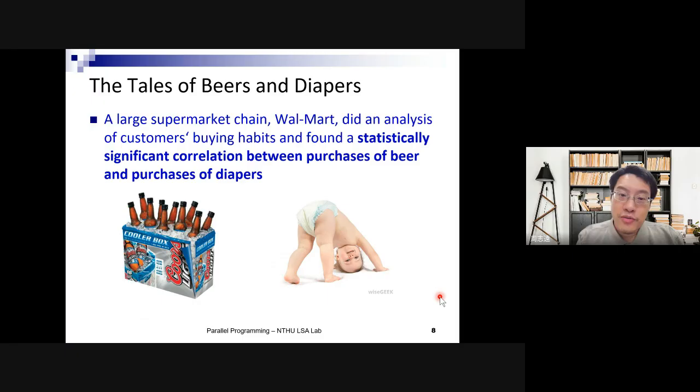So with a good placement, it could effectively increase their sales, and their profits in the end. It's an important question for them, and the result of beer and diapers indicates a good business decision, so it became a successful solution for the supermarkets.